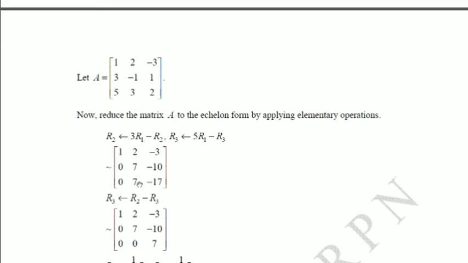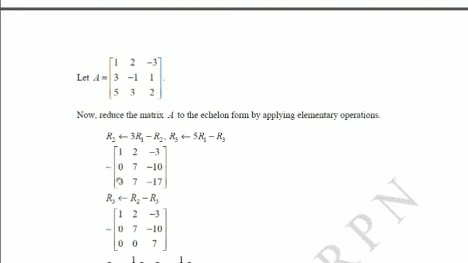Here 7 is there. How are you going to make this one 0? We have to subtract from 7. So for that you should not use row 1 afterwards. We have to use only row 2. If you use row 2, this will always remain 0 and will not change. If you use row 1 here, then this 0 will become non-zero. Here 7 minus 7 gives you 0.